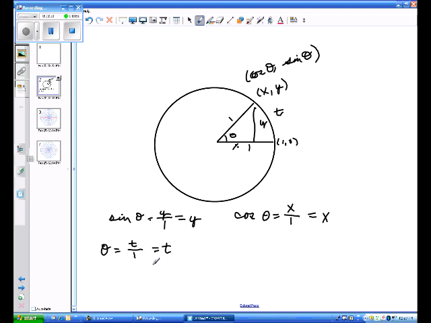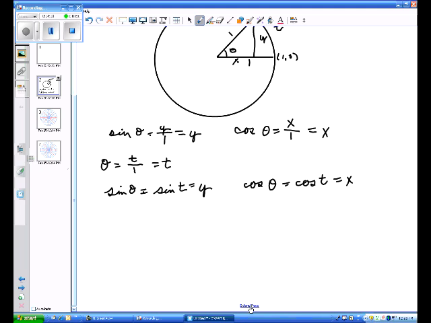So the sine of theta is equal to the sine of t, which is y, and the cosine of theta is equal to the cosine of t, if we're dealing in radians, which is equal to x.